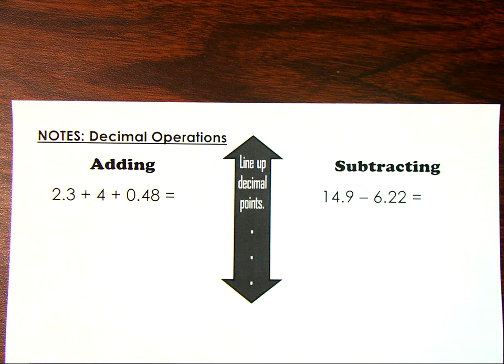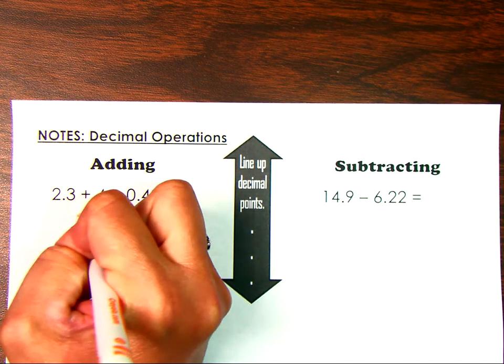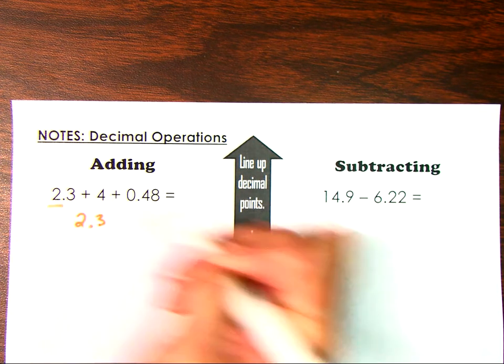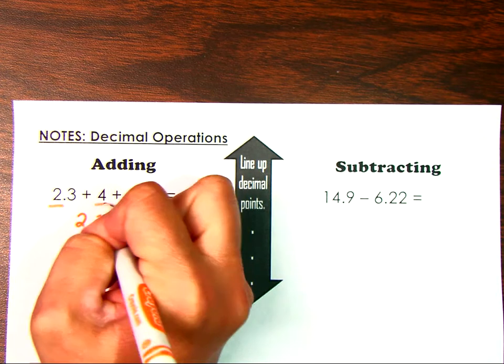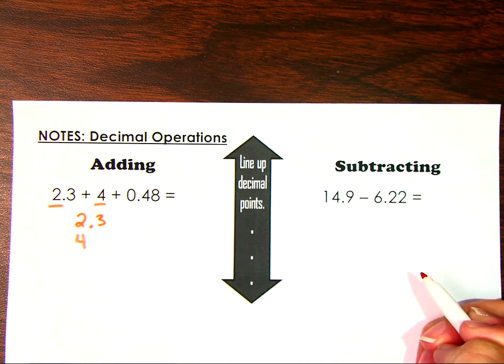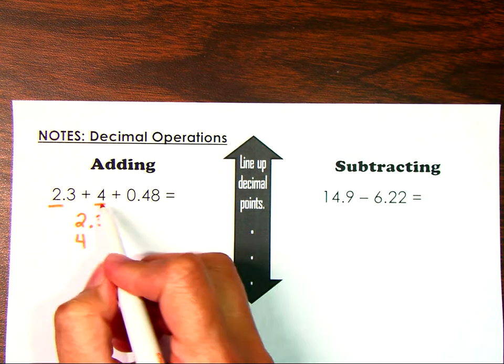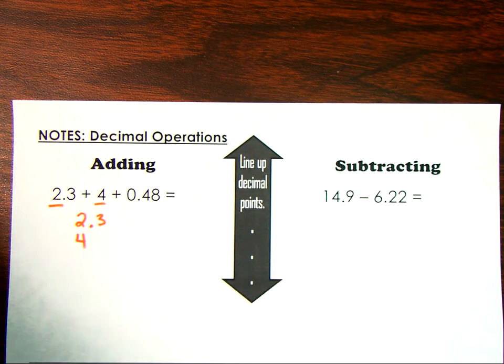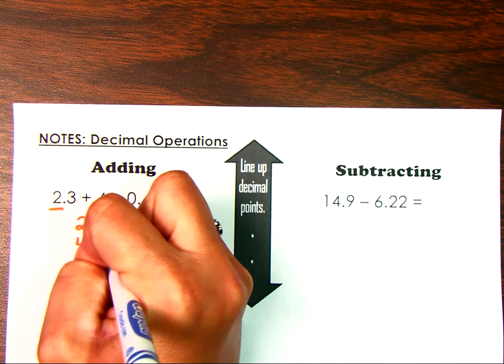and we're finding the sum, we need to first line up the place value with those decimals. So 2 3/10, the 2 is in the ones place, and the 4 is in the ones place. So we're going to put that 4 right underneath the 2. Now, even though 4 is a whole number and you don't see it, behind every whole number is a decimal and a 0.